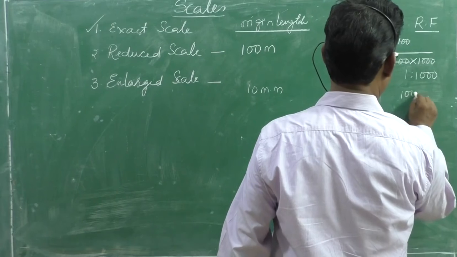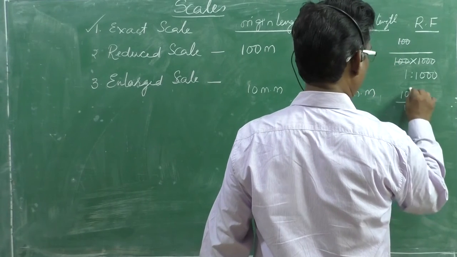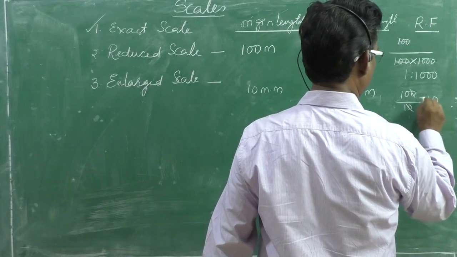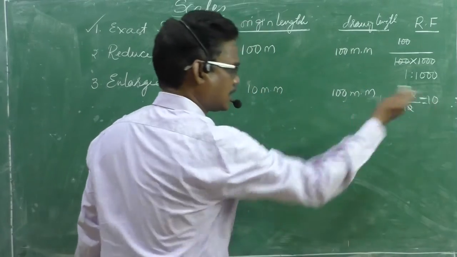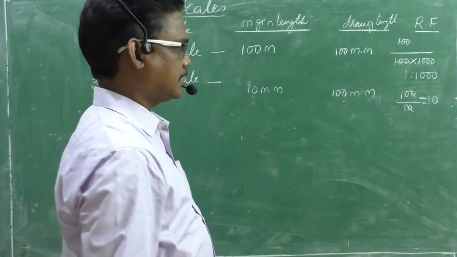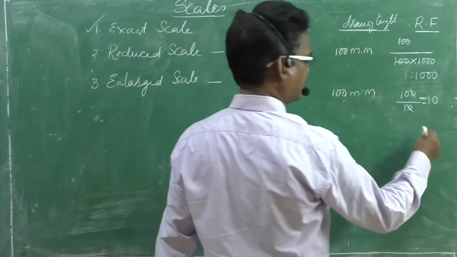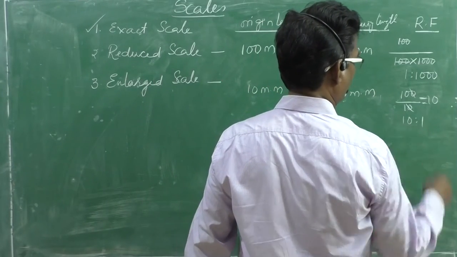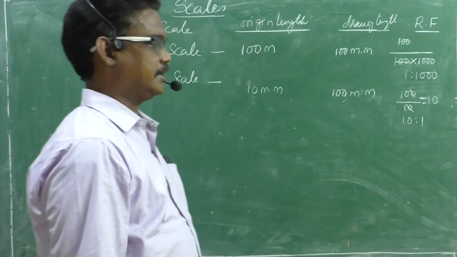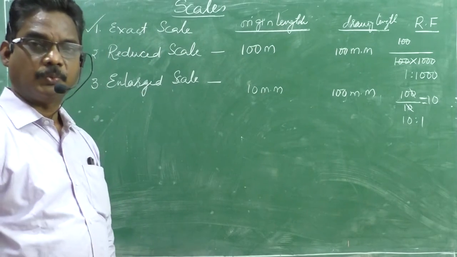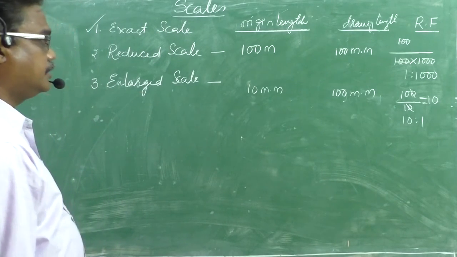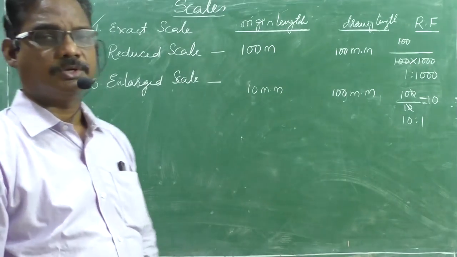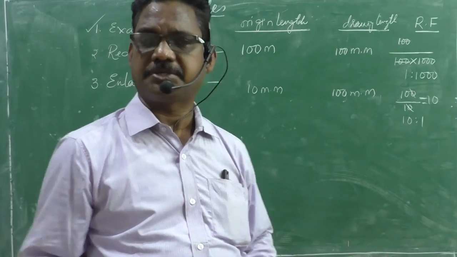It is 100 mm divided by 10 mm, which is 10. That means it is 10 times enlarged. Then the scale factor, the representative factor, is 10:1.